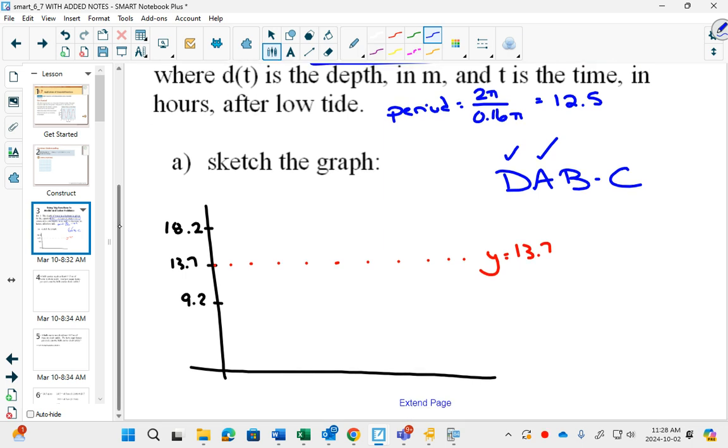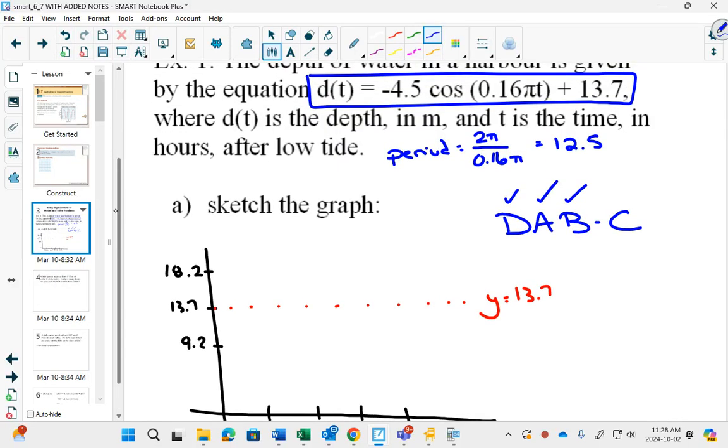So since our period is 12.5, we pick some spot on our x-axis to label 12.5, divide that into 4 equal sections. Half of 12.5, 6.25, half of that, 3.125, 3 times 3.125, 9.375. Label all 4 sections. And we're done with the B value.